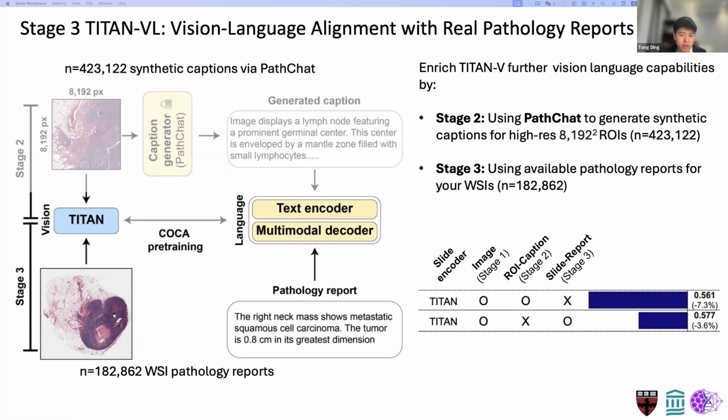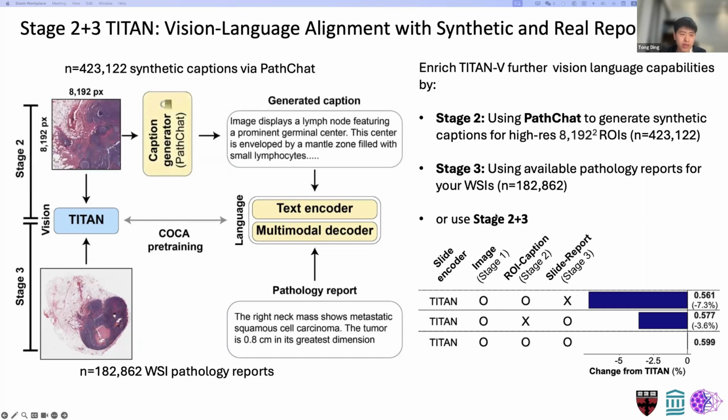Furthermore, instead of using either stage 2 or stage 3, in the actual Titan we use a combination of stage 2 and stage 3. In this way, it demonstrates the best performance compared to these two baselines.